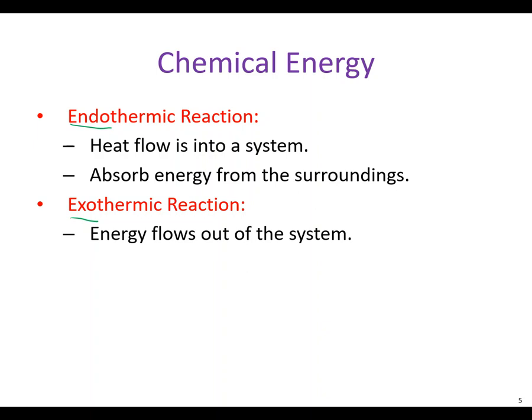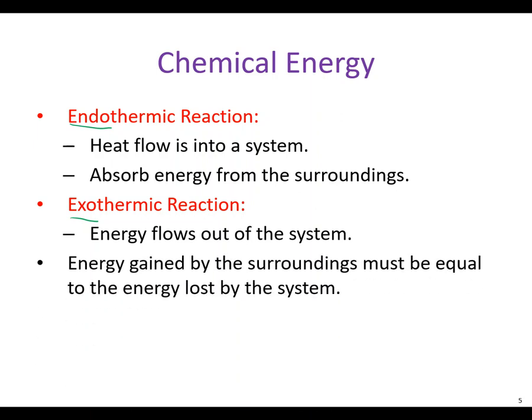However, the more important part of endo and exothermic is that it follows the law of conservation of energy, which is the first law of thermodynamics. So energy is not created nor destroyed, it just gets altered. So when we talk about the system gaining energy from the surroundings, the energy lost from the surroundings that's gained by the system is the same amount.